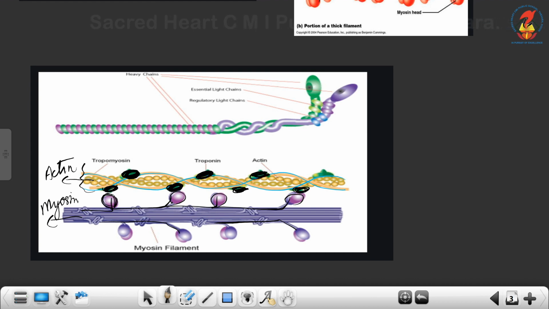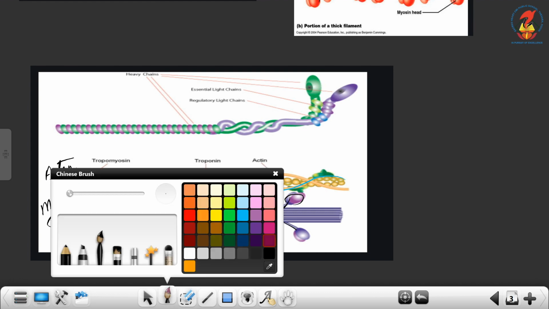And look at the location of the troponin and the myosin head in very close proximity. The reason is that during contraction, this troponin is going to be removed and the active sites are going to be exposed.